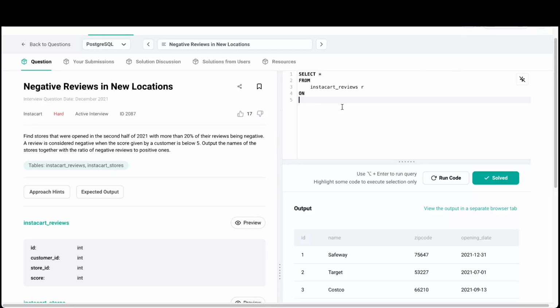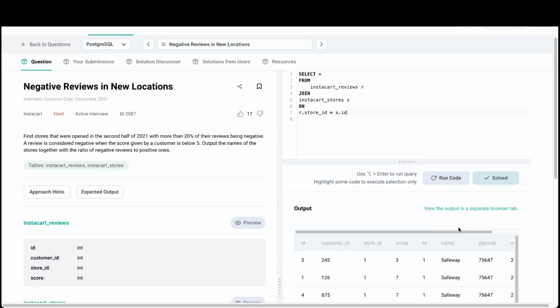We'll join it on the stores and call it S. You need to use join, not on. And then on r.store ID and s.id.